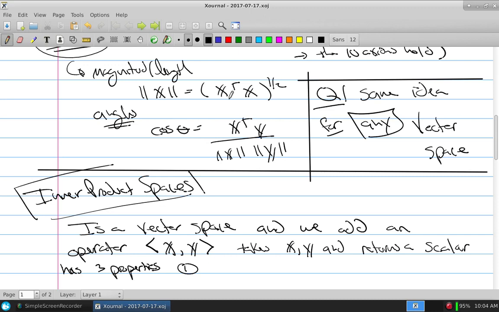Does it make sense to ever have, if I say this is long, to ever return a negative number? Magnitude should always be positive. Especially if I look at this side right here, saying that this is the square root, right? If I would take this and put it on the other side, the square of the length should always be just simply the inner product with itself, because I'm taking the 1/2 power. If I did something else, the 1/2 power would not make any sense.